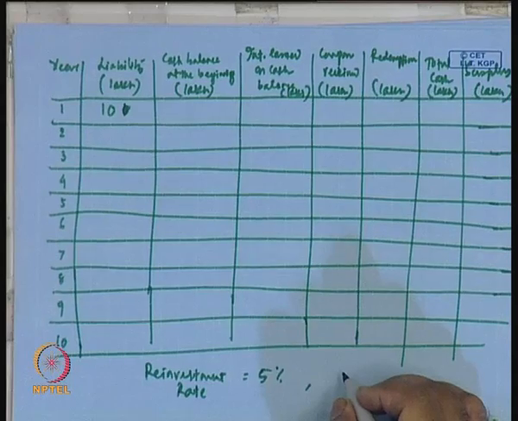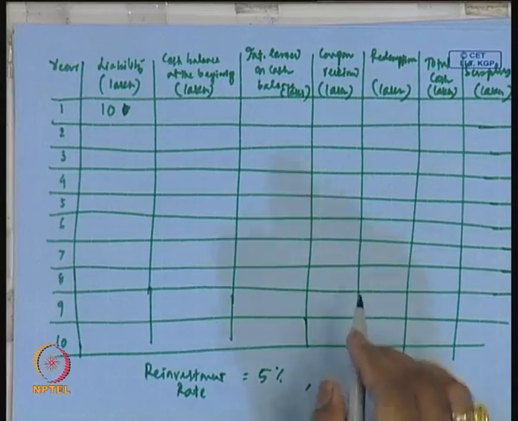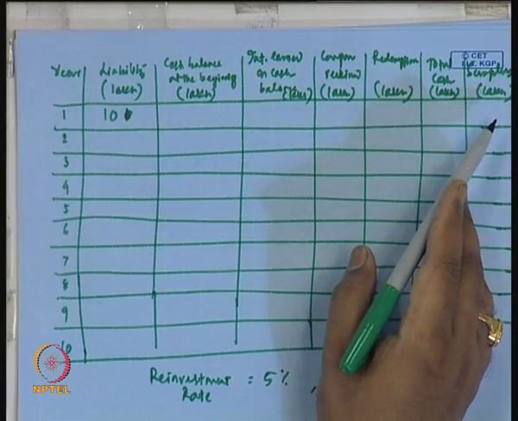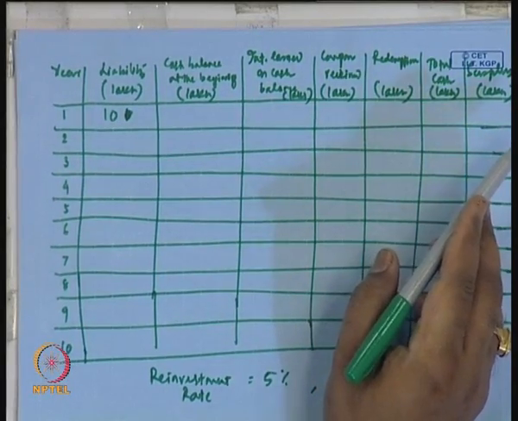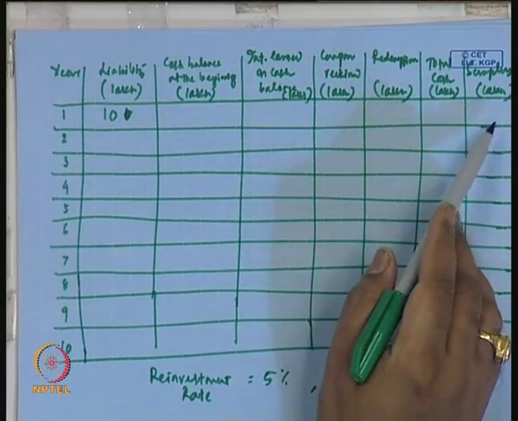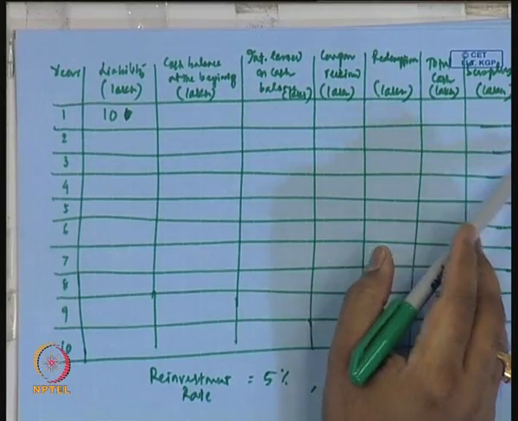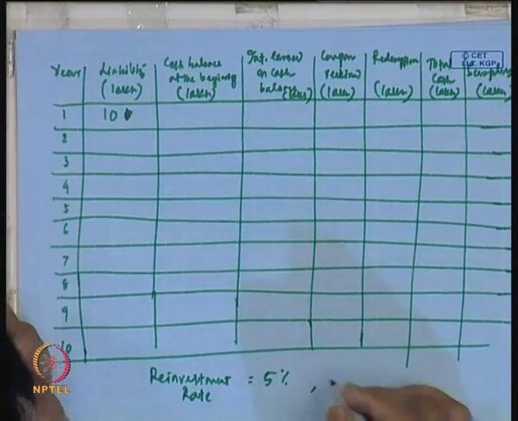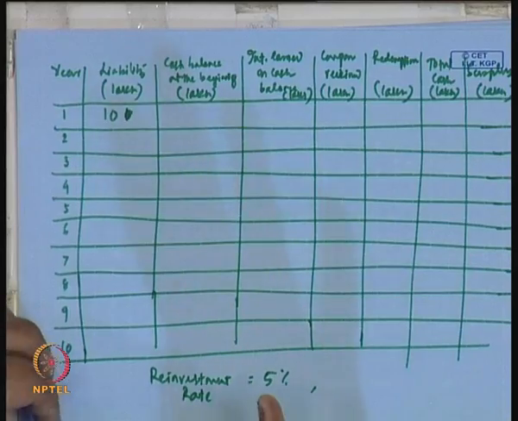The total cash available for a year is the sum of the cash balance at the beginning, plus the interest earned, plus the coupon payments, plus the redemptions. Surplus at the end is the cash available for the year less the liabilities of that year.